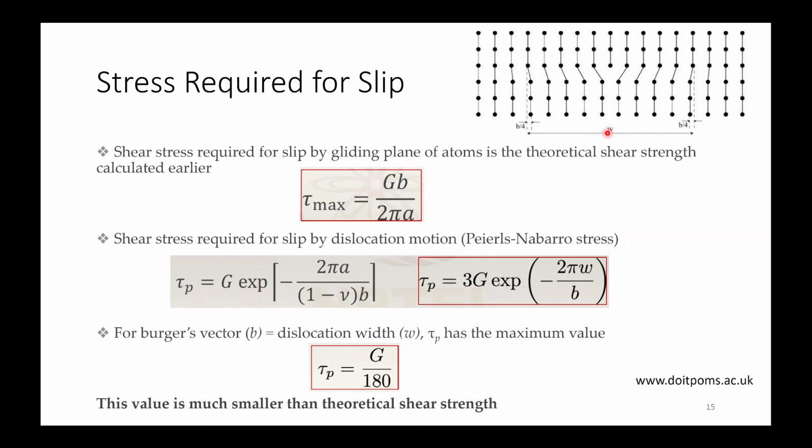This width will be much higher in metals because the bonds are not as stiff as in ceramics. So in ceramics this width will be quite narrow. That's what leads to an increase in shear stress, and which leads to higher strength in the case of ceramics.